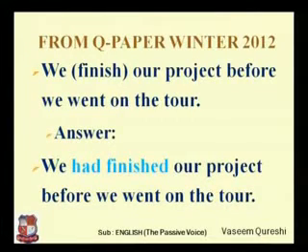You can say that past perfect is the past of the past. So finishing our project had been completed before we went on the tour. So I have to select past perfect tense. Again, it is in active voice. So, "We had finished our project before we went on the tour."